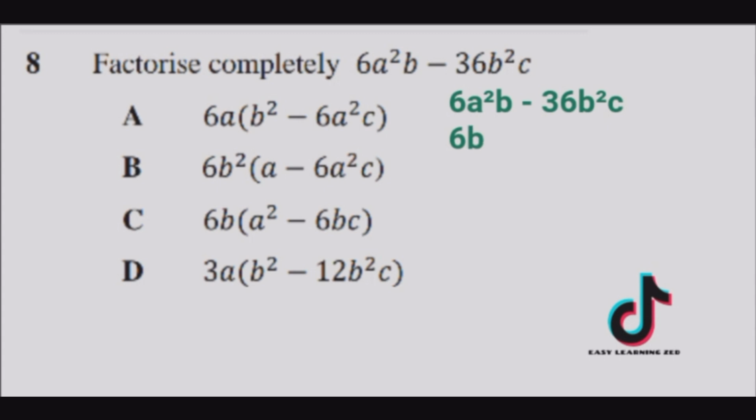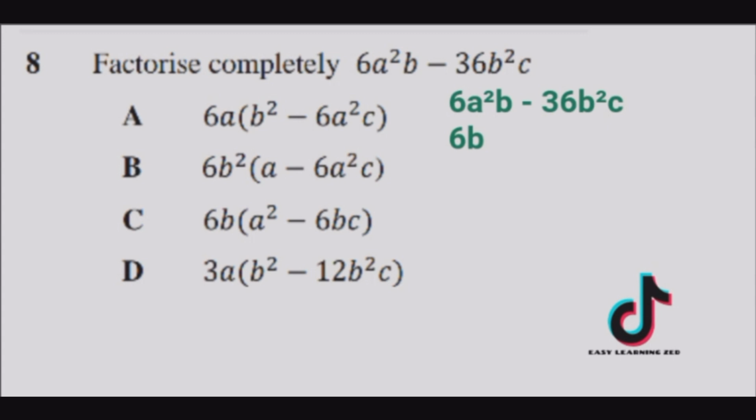Why am I writing b when there is b and b squared in the second term? As you can see, we have got b in the first term, which is not raised to any power, and in the second term we have got 36b squared. Why have I chosen b?